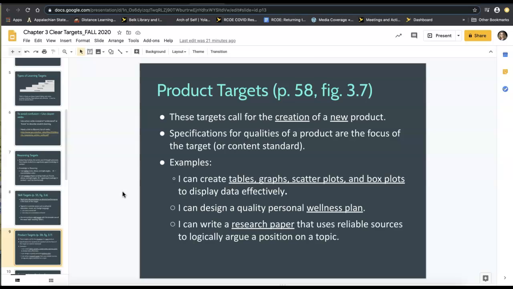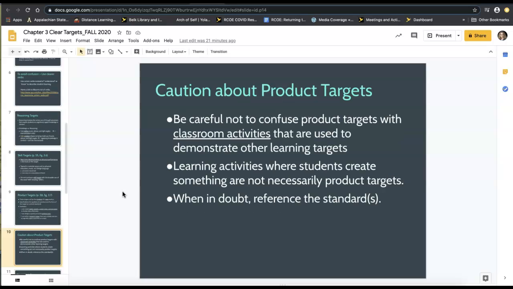So these are things where we're going to make something new, and the product is what is going to be evaluated. It's important not to confuse an activity with a product target. Again, the targets have to focus on what you want the students to learn, and activities are what they're doing to get to that learning.